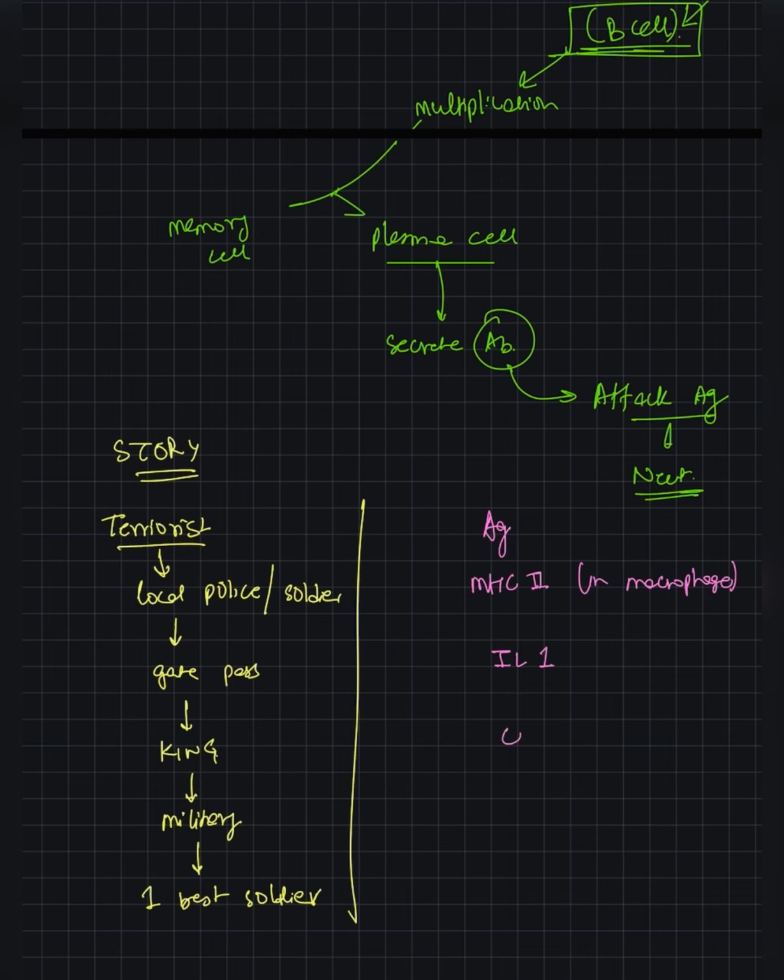The king over here is CD4. Interleukin 1 activates CD4, and activated CD4 will release interleukin 4. Interleukin 4 selects one B cell.